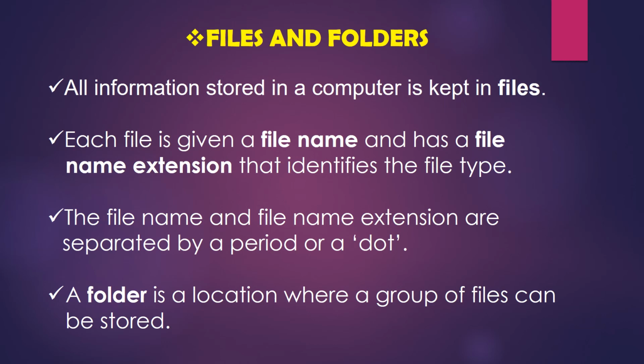Each file is given a file name and has a file name extension. Each file has two components. What are they? One is the main component, another one is the extension. Using the extension you can identify the type of file.